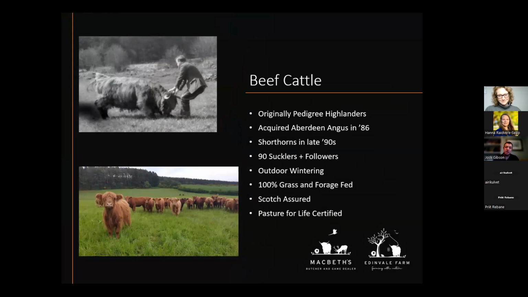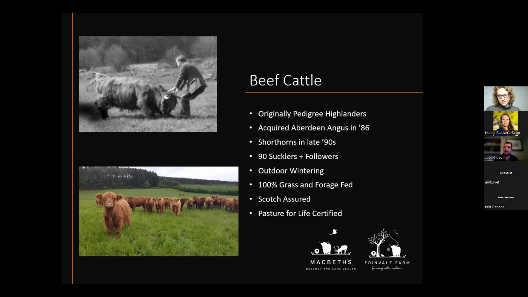As I said, we're originally pedigree Highlanders. We have had Aberdeen Angus through the system, but we are breeding those genetics out because they don't quite fit what we do. And really now the mainstay of what we do is with Shorthorns. But outdoor wintering is very important to us, so we need the hardiness of the Highlanders in this part of the world, and the Shorthorn provides a bit more bulk and speed of finishing.